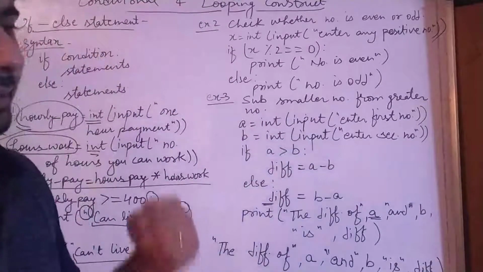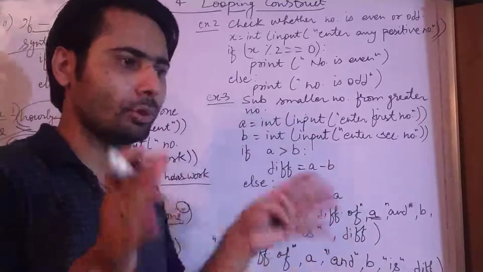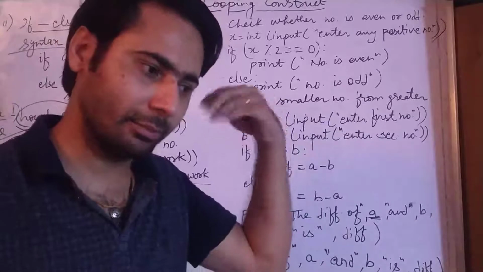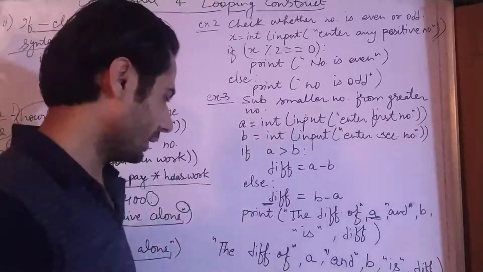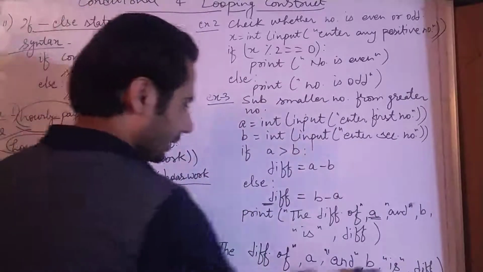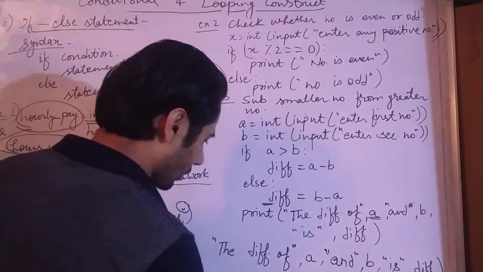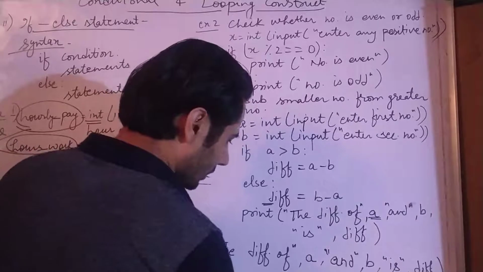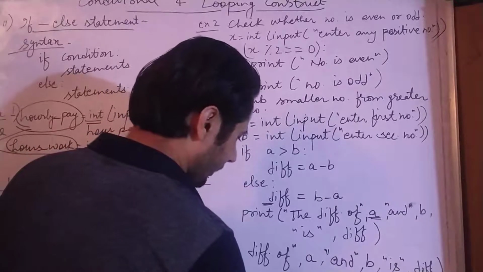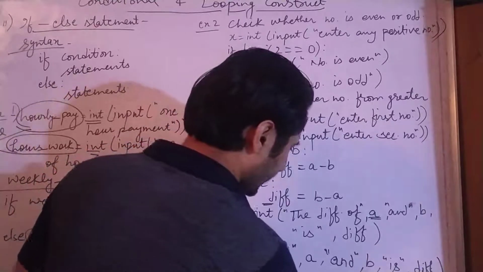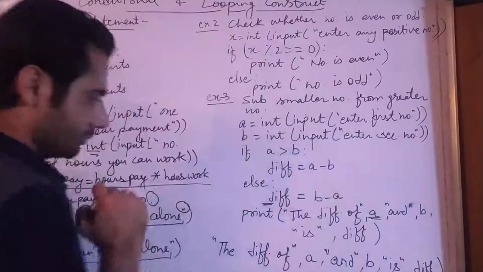Okay, if we put them in double quotes, then it becomes a string and it will print as it is. Okay, now it will print as the difference of 5 and 10 is 5.